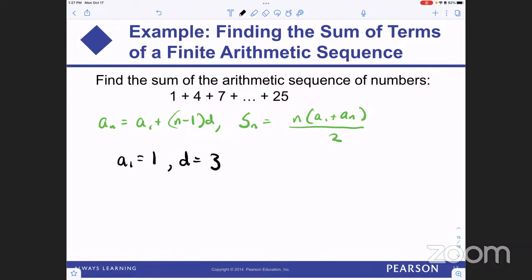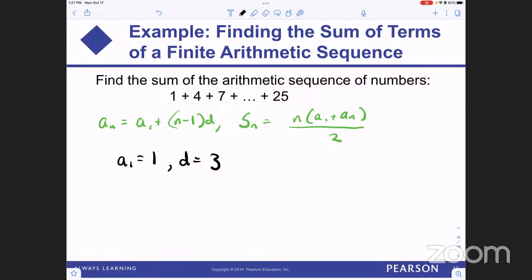Let me see. Is there a better way to find that? We got the first term. We don't know n, so we're trying to find that. How many terms? Okay. So we have our nth term is 25. We can solve for n.